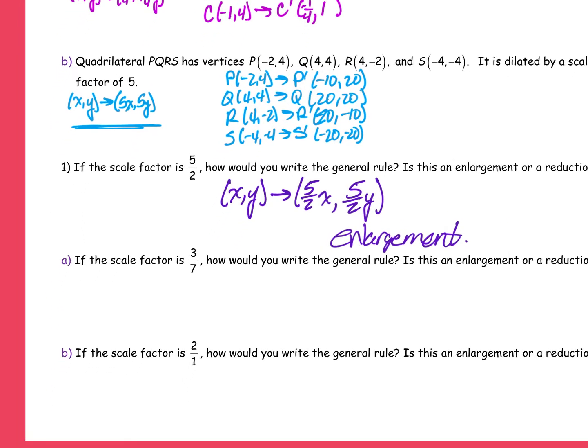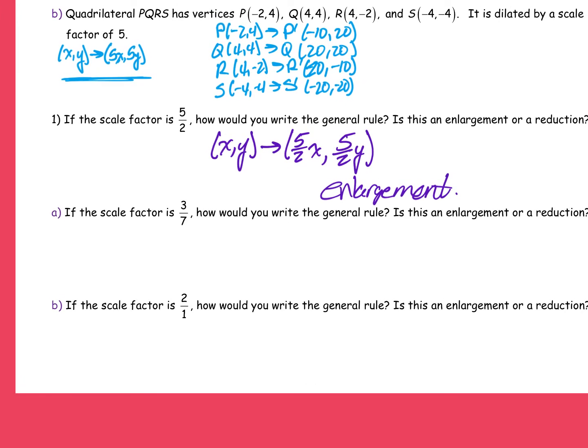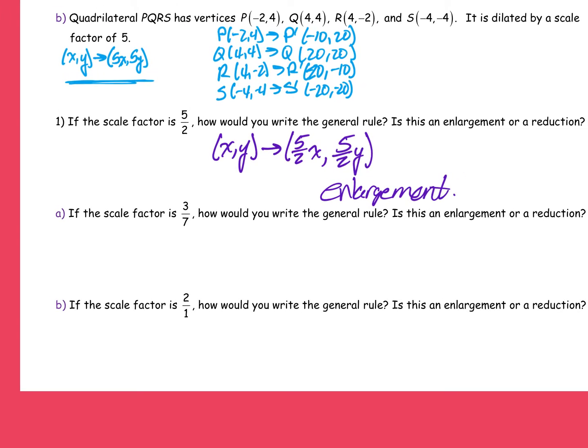Okay, two more for you guys to do. Same question. Write the rule. Tell me if it's enlargement or reduction. A. Okay, what's the rule though? Got to write the rule first. The rule is 3/7 x.